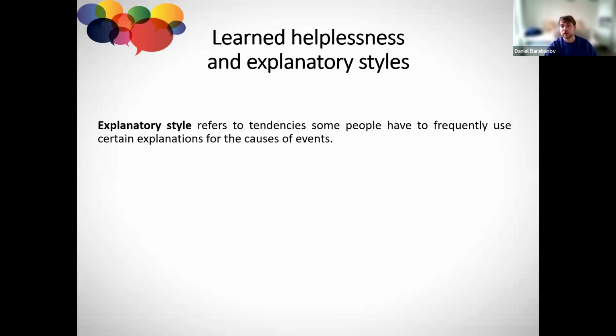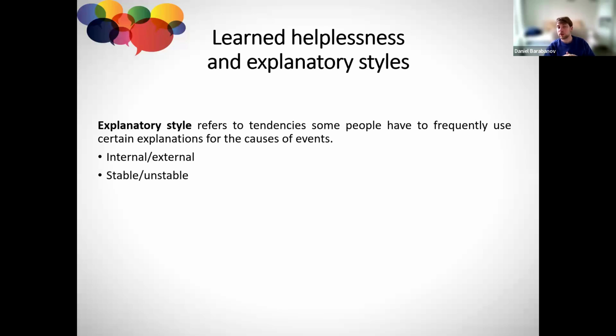So people can naturally have different explanatory styles. For example, internal or external: how you explain the cause of events. Internal factor, for example: I'm not very responsible, that's why I got late. Or external: something happened on the road, and that's why I couldn't come on time. It's just external situations. Stable or unstable: is the cause I see a one-time situation?